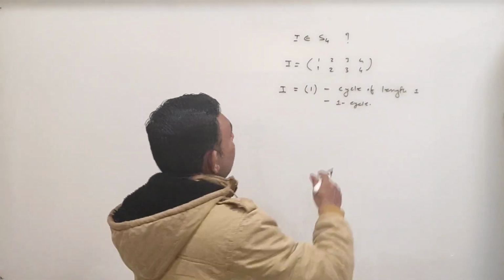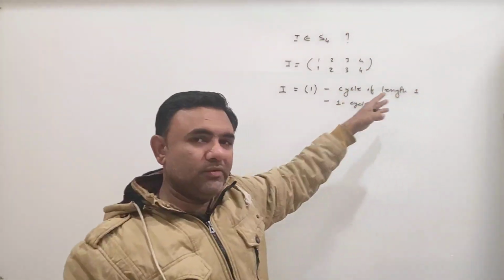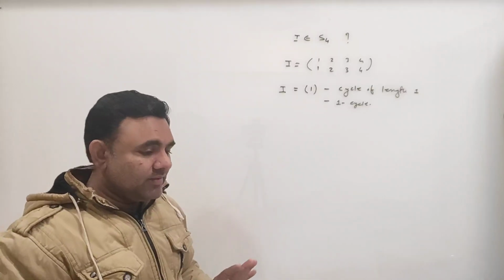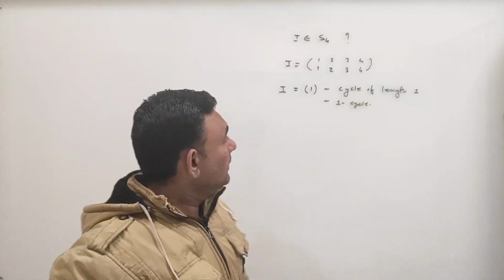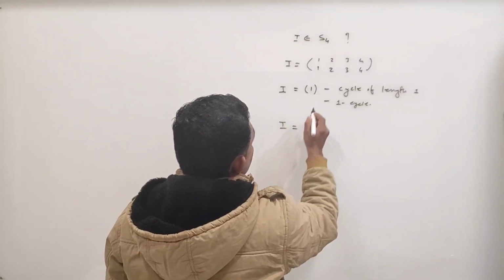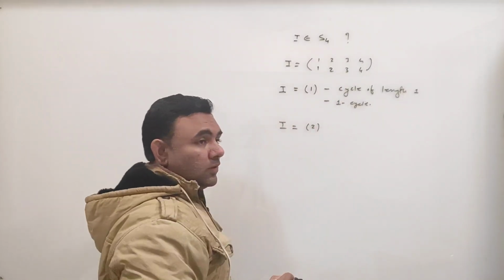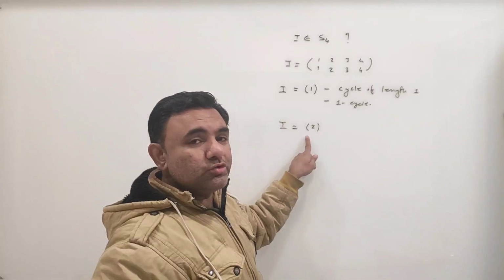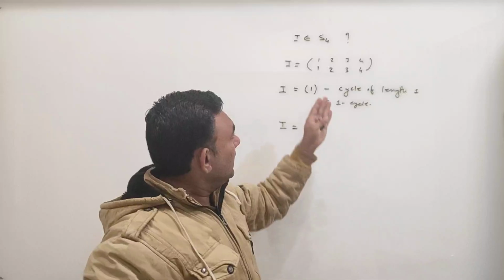So if I consider here S5, then I have 5 goes to 5, and we have the same thing, right? So in Sn, identity element is a cycle of length 1. Or I can write in this way also. Let me start with 2. So 2 goes to 2, so stop. And the remaining elements other than 2, that is 1, 3 and 4, should be invariant, and they are invariant.